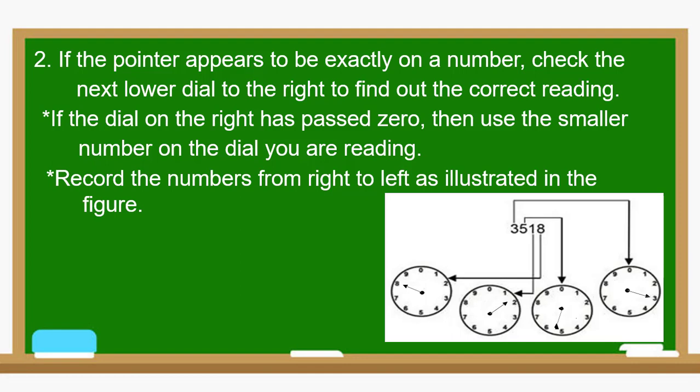If the dial on the right has passed 0, then use the smaller number on the dial you are reading. Record the numbers from right to left as illustrated in the figure.